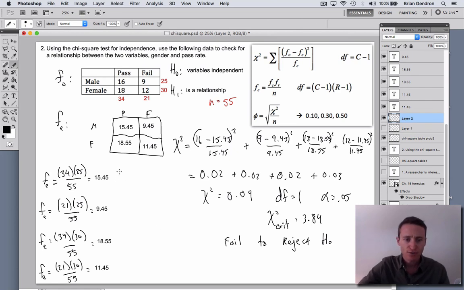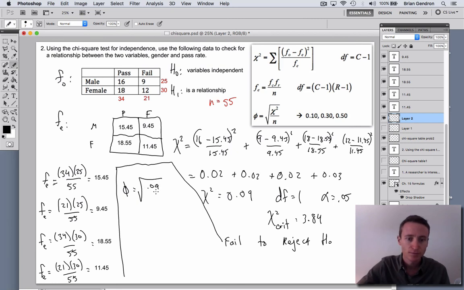And then just for practice, since we're here together, let's go ahead and calculate the effect size, phi, and interpret it. And I'm getting 0.04, which you might call very small, which makes sense considering we found an insignificant relationship to begin with.